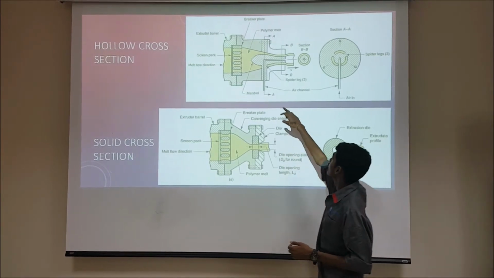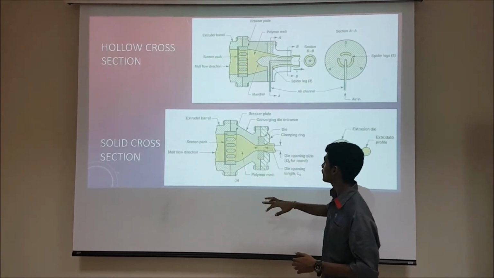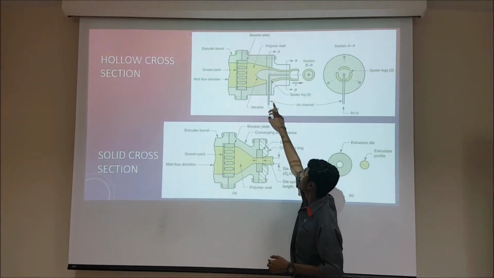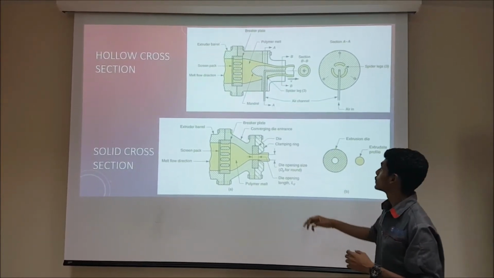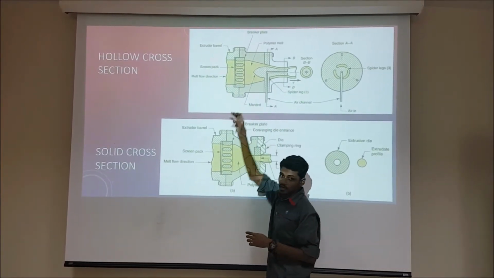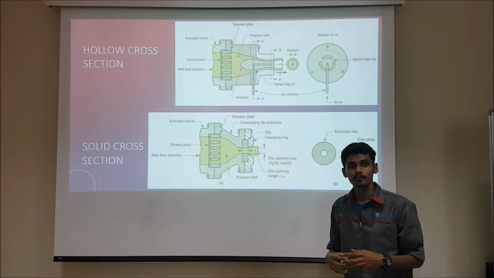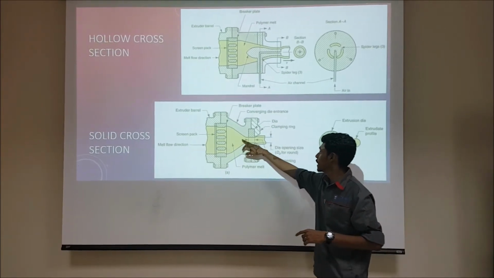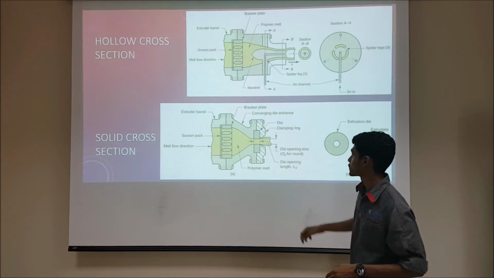You can see that everything is the same for both sections, but in the die section of the hollow cross section, there are two openings. It means in the middle there is a piece that separates the plastic into a hollow section. For the solid one, there is nothing, so it will come out straight as the shape is projected here.